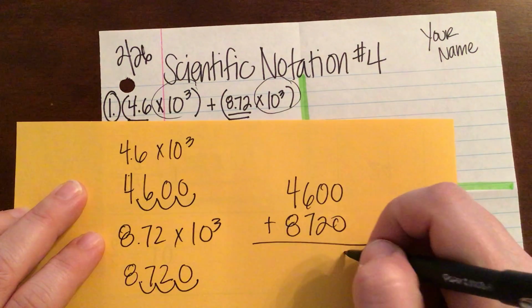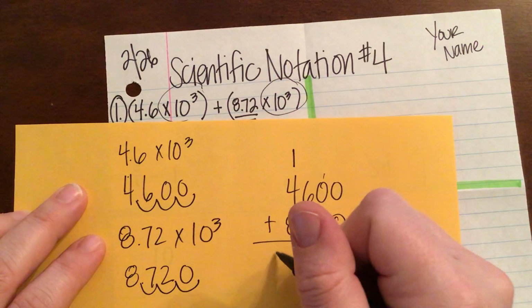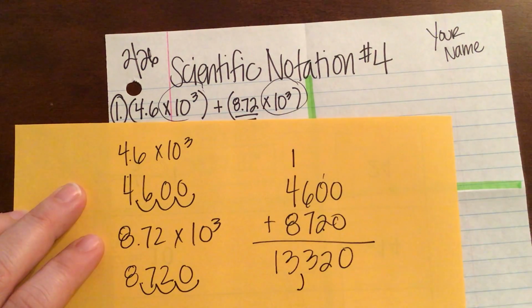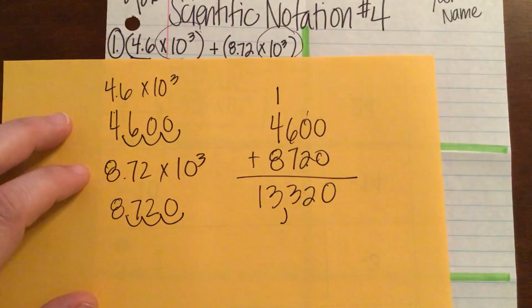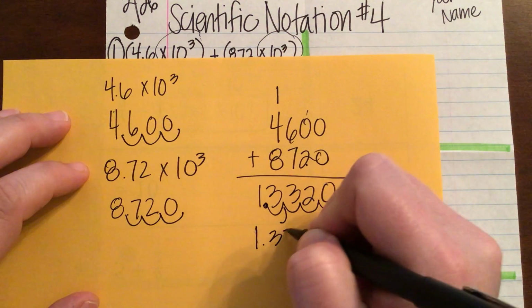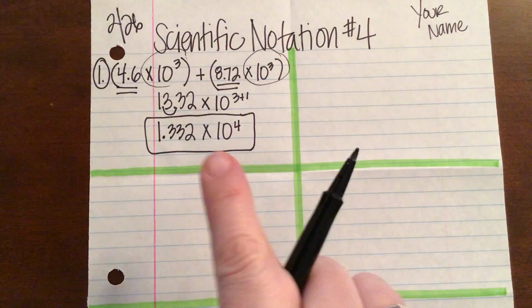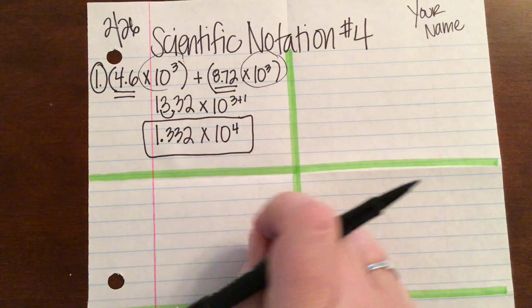And if I added those, I'd get 0, 2, 3, carry the 1, 13,320. And in scientific notation, that's 1.332 times 10 to the fourth, which is what we got.